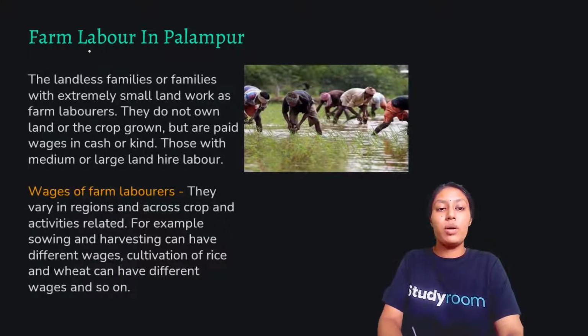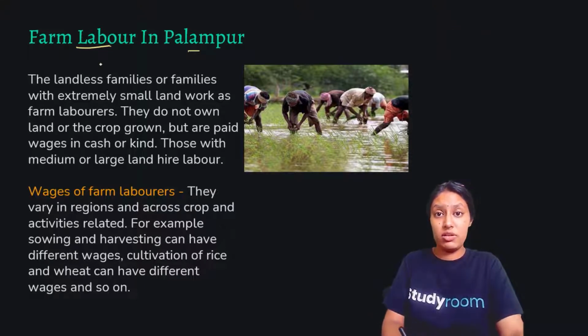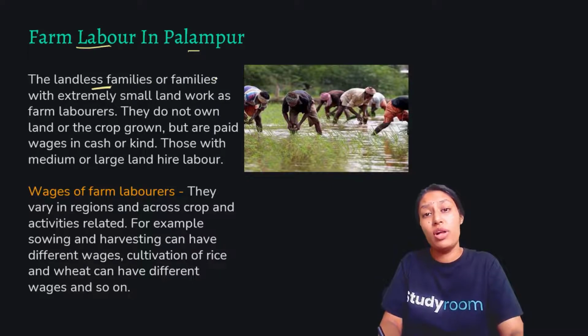Now we'll talk about farm labors in Palampur. What are farm labors? Referring to category one we have studied in the previous slide, which are landless families. Landless families, or the families which have very small land, so small that they can only grow seeds for themselves, and maybe it is not enough.